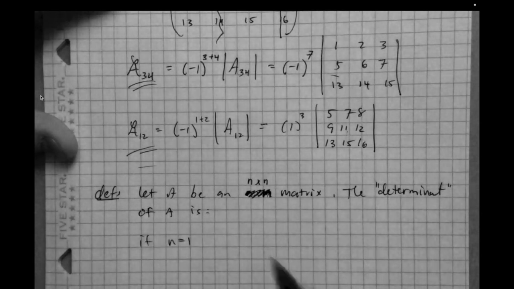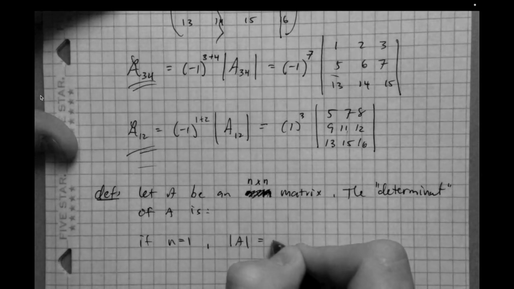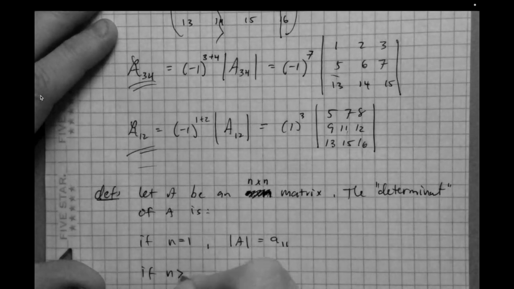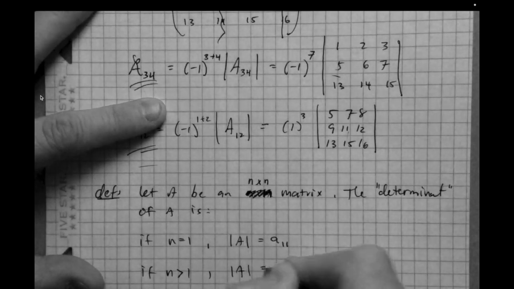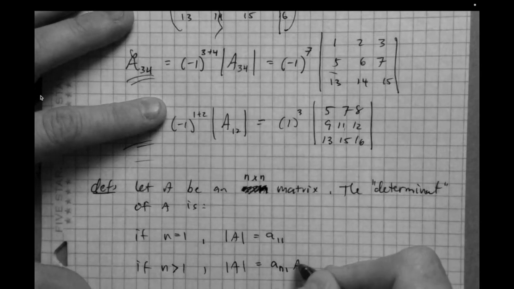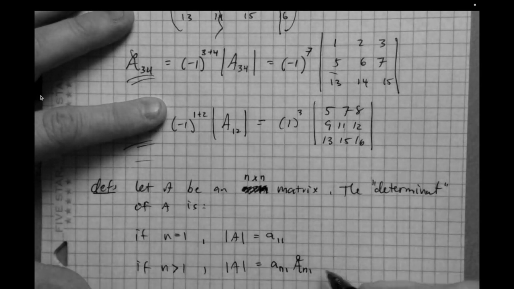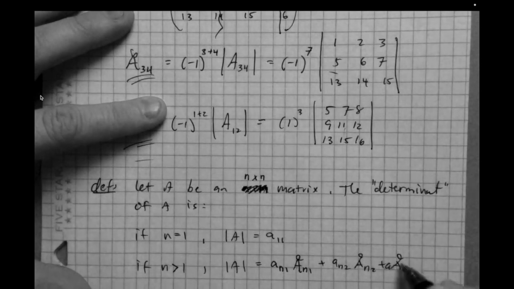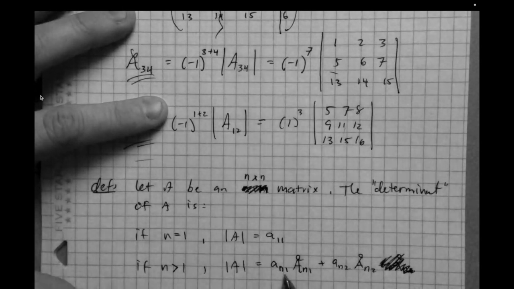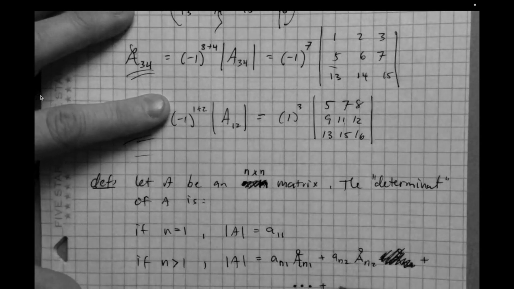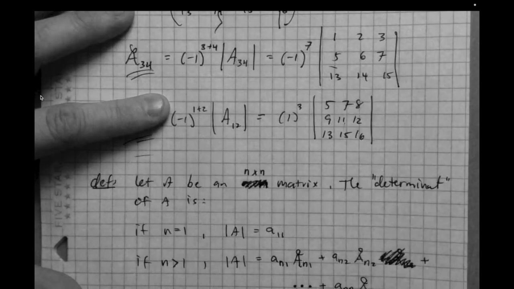If n is equal to 1, then the determinant of A is just equal to the lone entry of A. If n is greater than 1, then the determinant of A is equal to, there are different ways to write it, I'm going to start by writing it this way: an1 times the n1 cofactor plus an2 times the n2 cofactor plus, dot, dot, dot, and then finally ann times the ann cofactor.